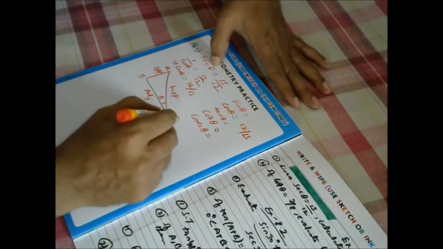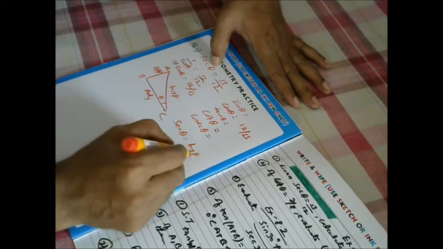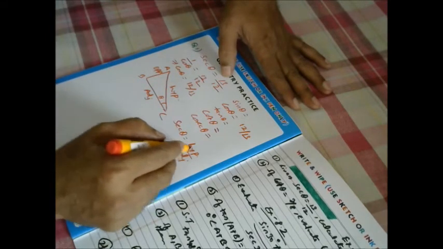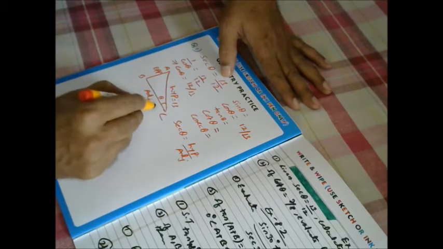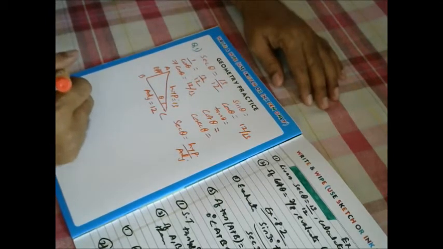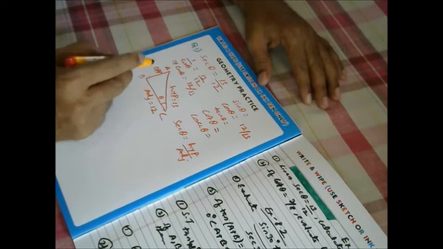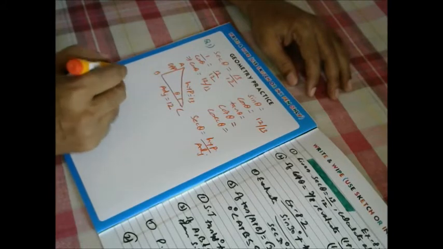So secant theta is given, so the hypotenuse is 13 unit and adjacent is 12 unit, right? So we need to find this opposite side. If we are able to find this side, all these ratios we will be able to find.